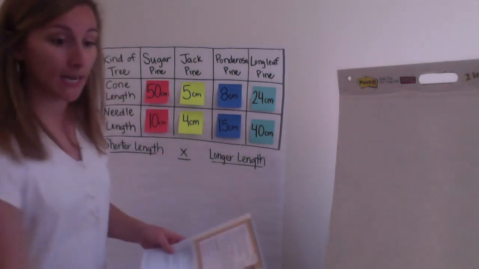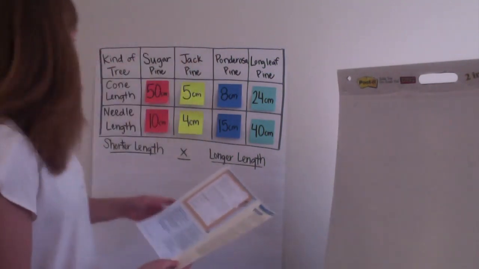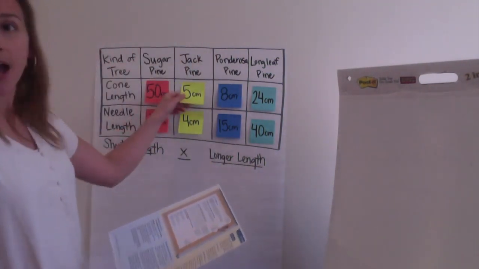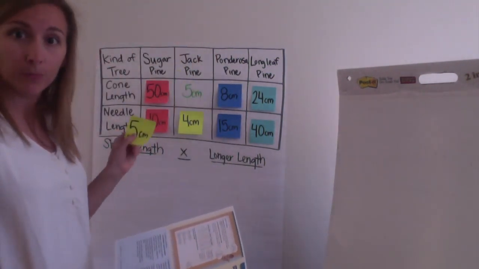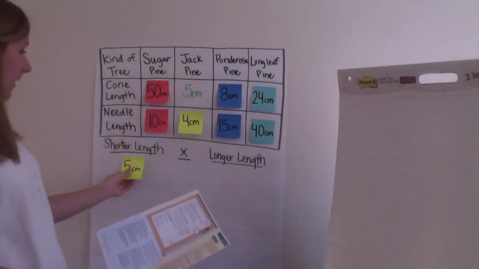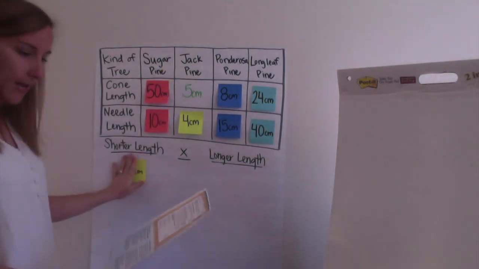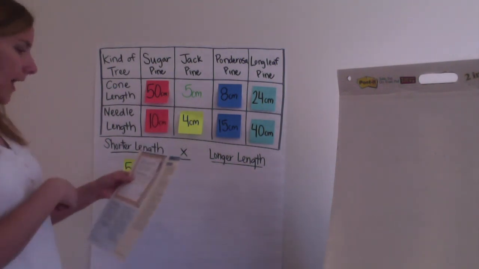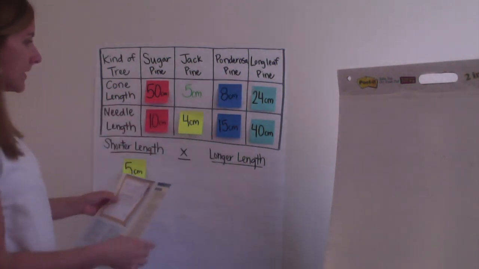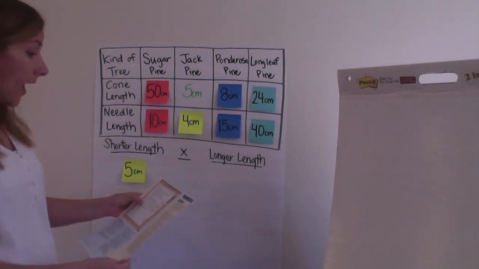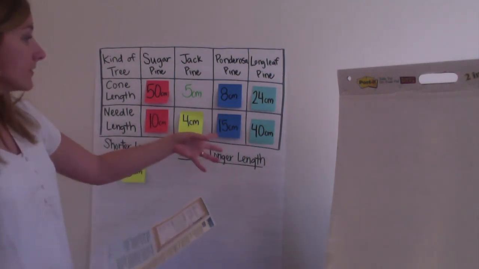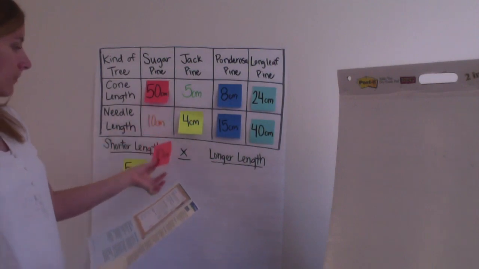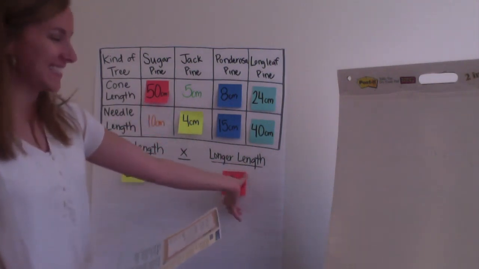So what he did, and I'm thinking that he said, okay, well, I'm gonna start with 5. 5 is a nice, easy number to multiply. So I've got my 5, and I'm gonna put it on the shorter length side. And then he's gonna say, well, 5 times what could get me one of these numbers? Well, I know that 5 times 2 would get me 10.